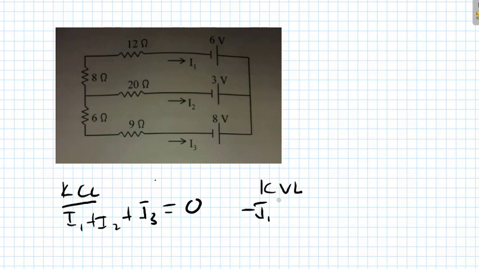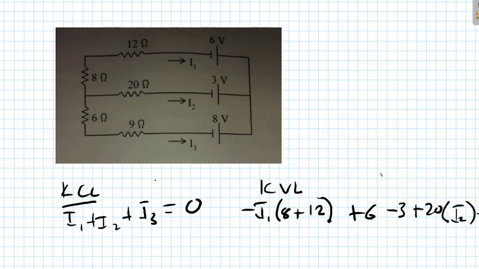minus I1 (8 plus 12), so the 8 ohm resistor plus the 12 ohm resistor for this one, we close brackets, plus 6 minus 3 plus 20 I2, all this should give us 0.